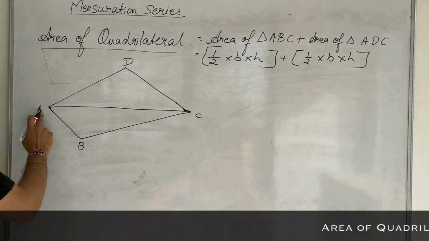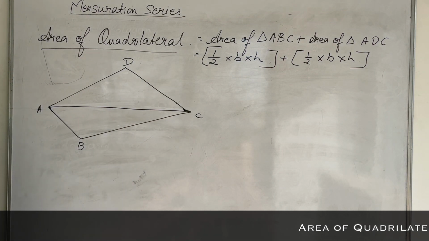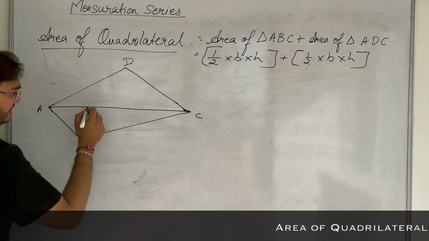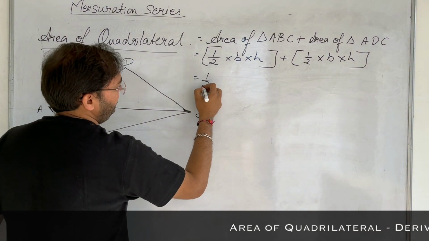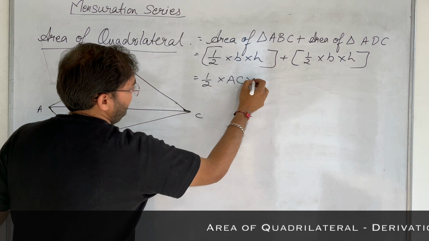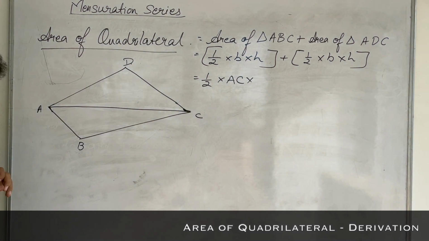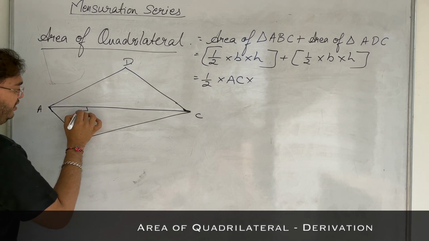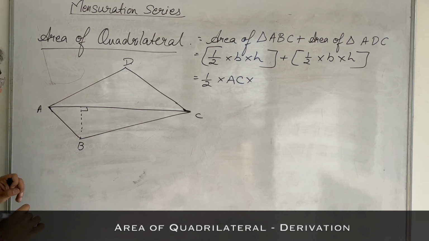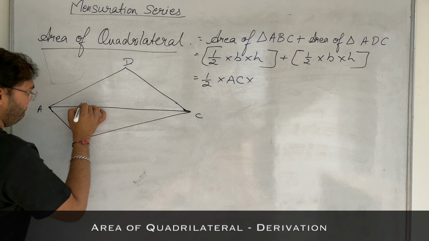If I take triangle ABC, then this AC is going to be my base. So I'm going to write over here half into base, which is my AC, into what's going to be my height, the vertical perpendicular line drawn from B to AC is known as my height. Let us name it BE.